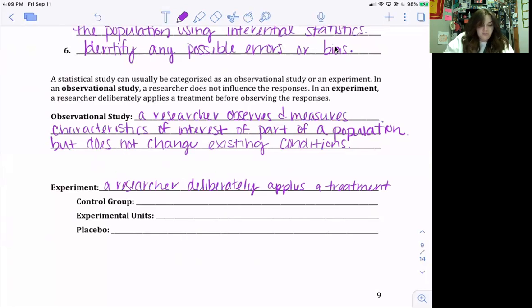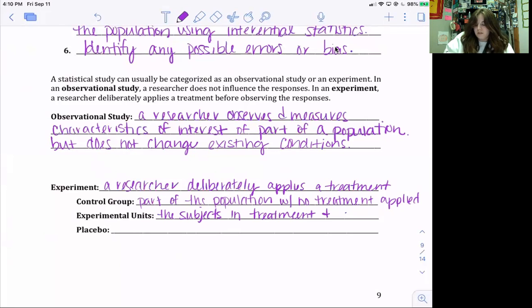So we have a control group, which is part of the population with no treatment applied. Okay. Experimental units are the subjects in treatment, as well as the control groups.